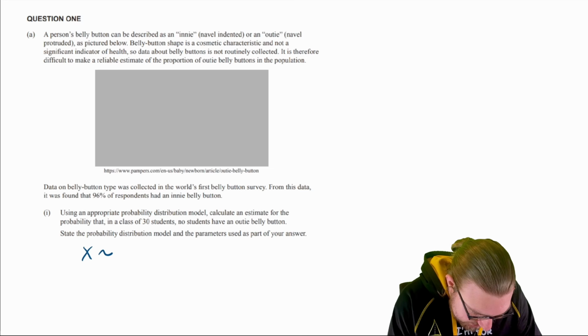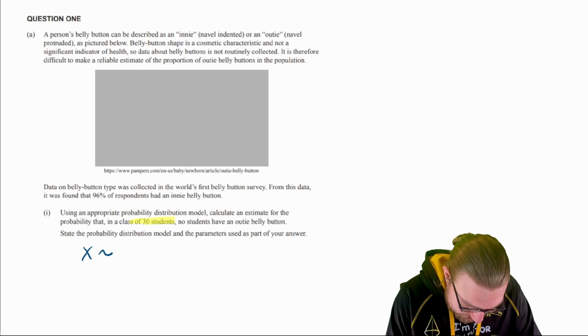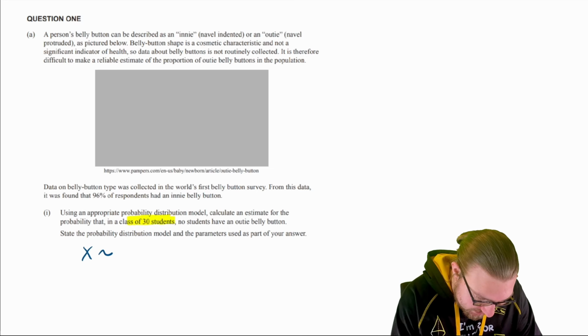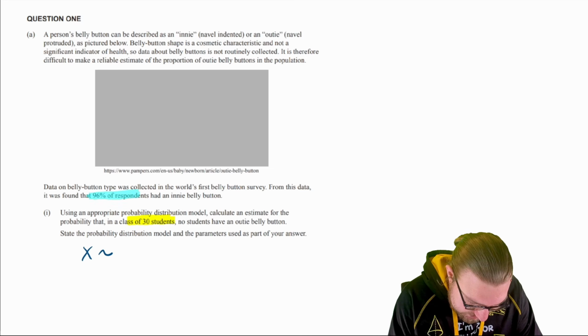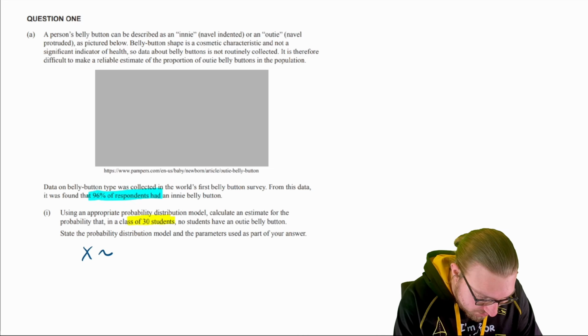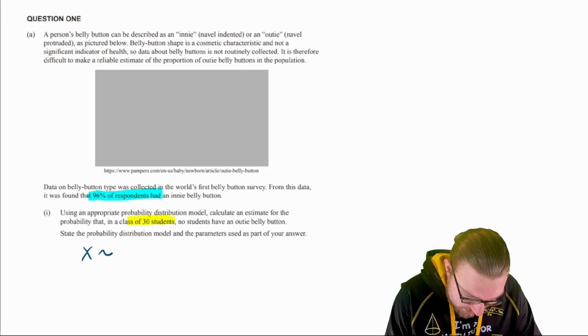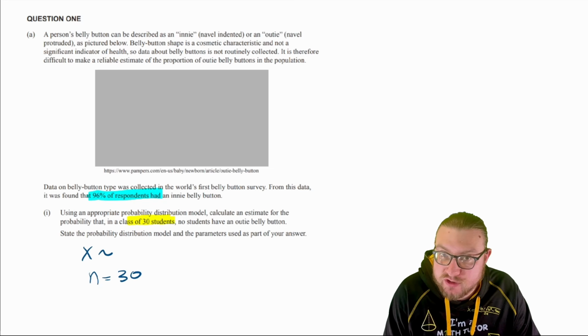The question here is giving us that we have 30 students available, so we have a number, and we also know a probability here. So if you have a look through all your probability distribution models, there's only one that fits this. So we have n, which is 30. That's the number of students.